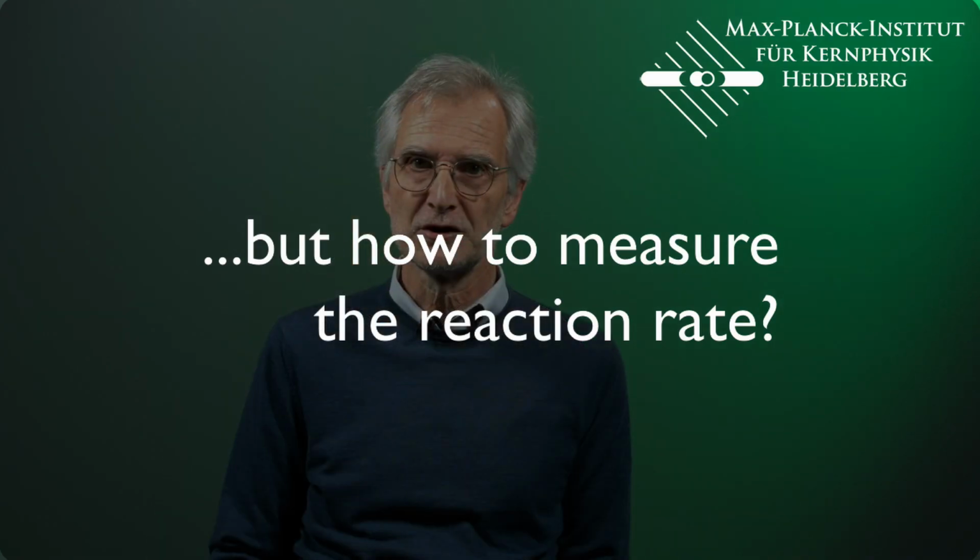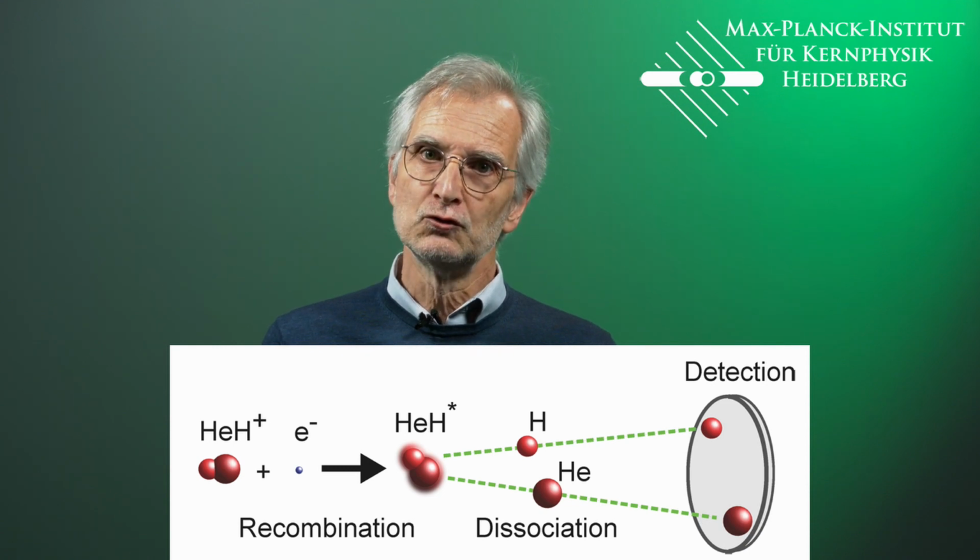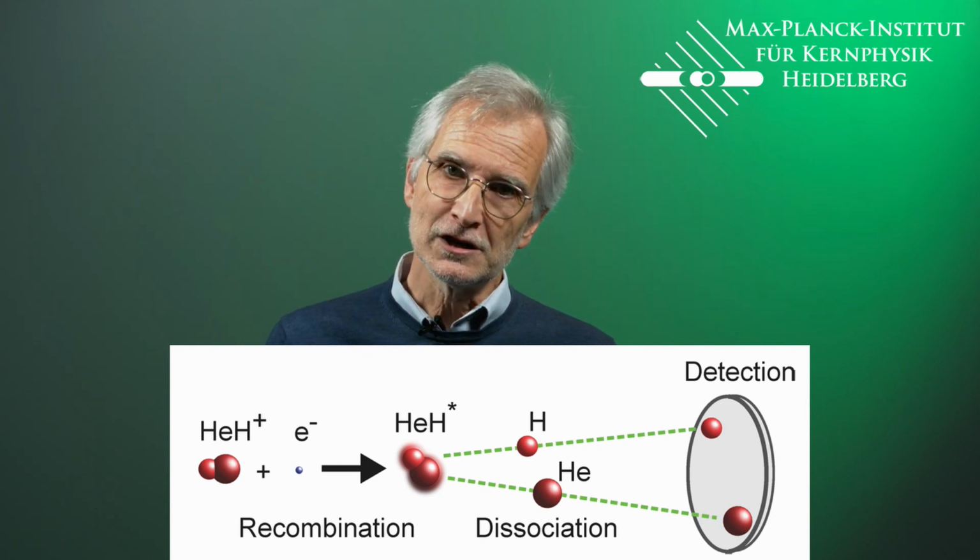In reality, implementation of such a storage ring is technologically very challenging. In fact, from the first idea to build CSR, it took over 10 years of development before we could start the first experiments. How do we measure the reaction rate? The HeH+ reaction with electrons produces, as in space, a neutral hydrogen atom and a neutral helium atom.